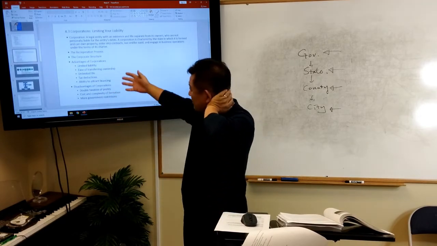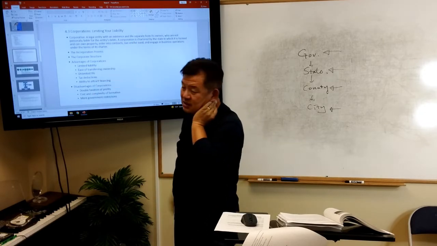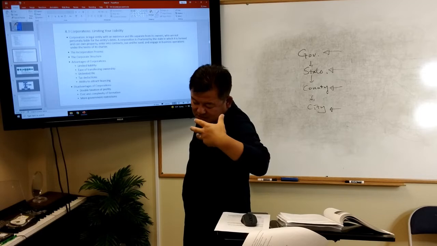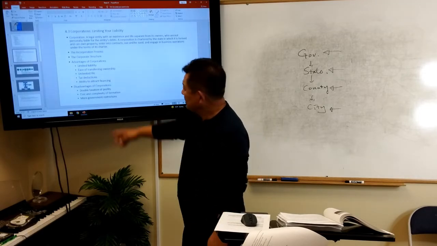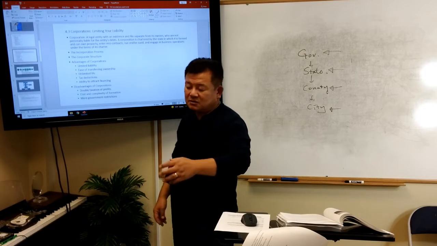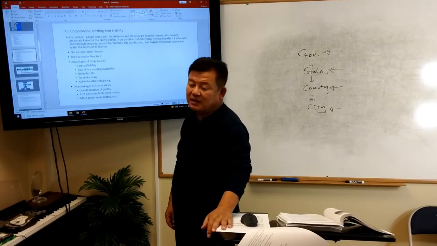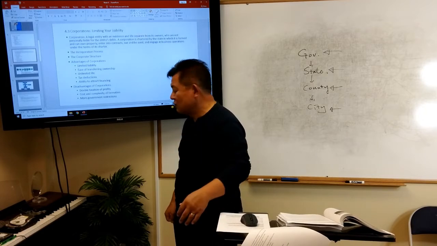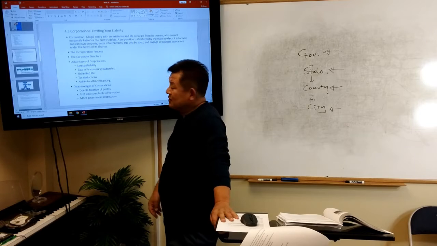What kind of advantage does the corporation style have? It's limited liability. For example, I invest in 5 stocks. Limited liability means if the company closes, has debt, or goes bankrupt, okay, I lose money only on 5 stocks. That means it's limited liability.